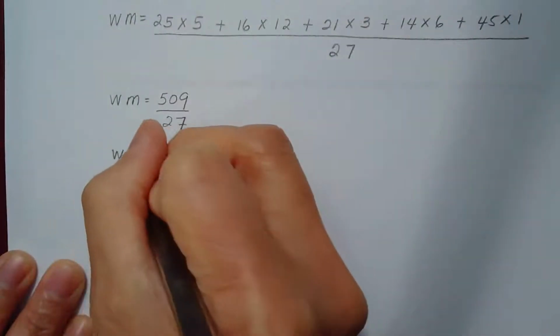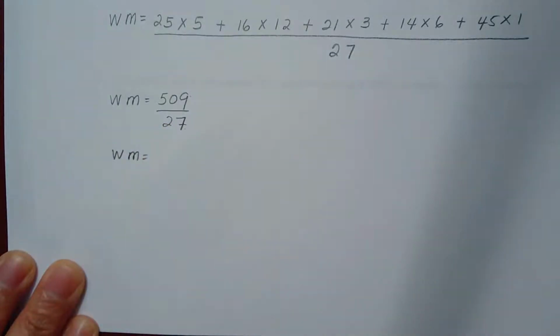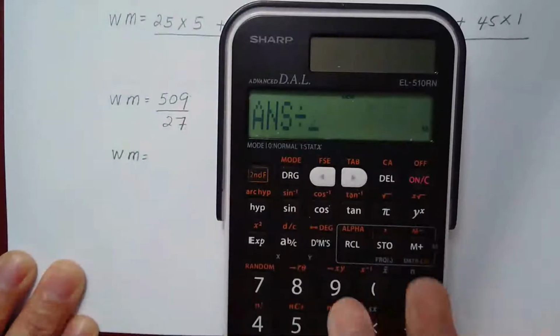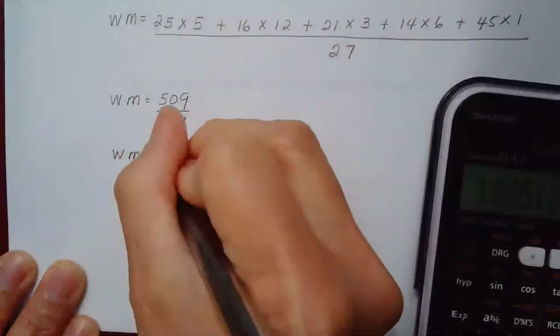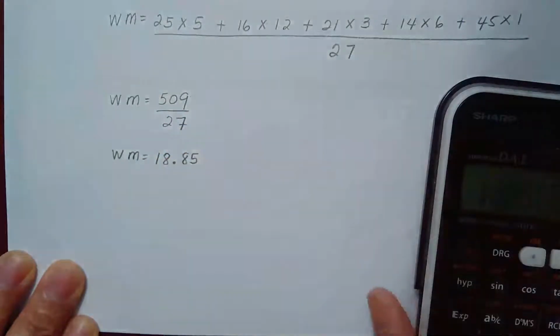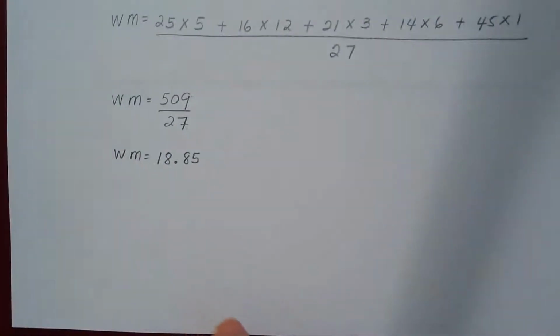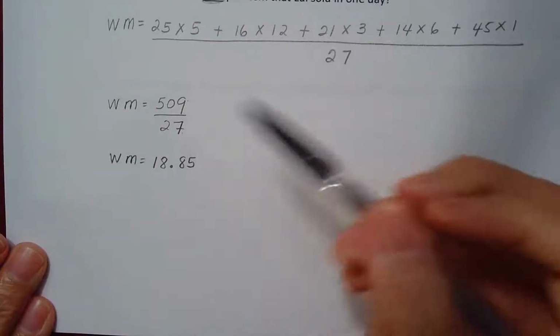So now we go 509 divided by 27 is 18.85. Okay, so let's take a look. What would be the unit for this?